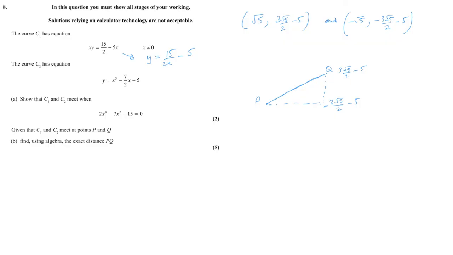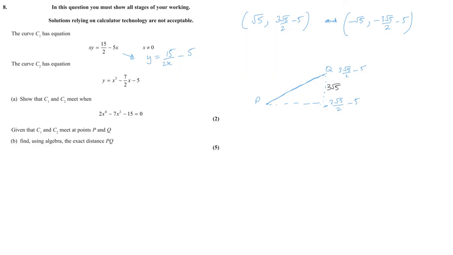So the difference between those, this one take away this one, would be this minus minus this. So it's going to be 3 root 5.